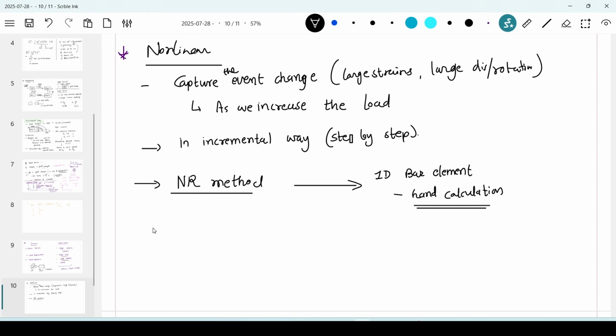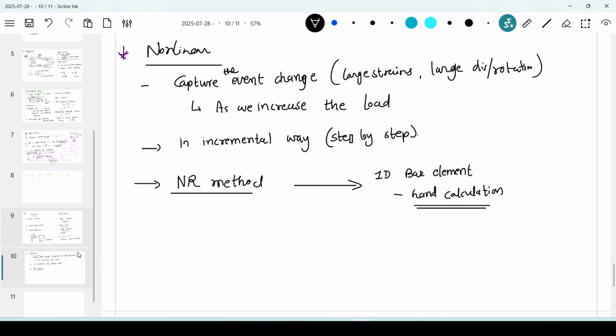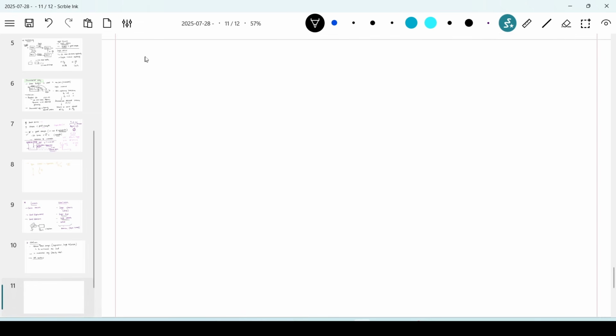So I'll take a simple example. No dimensions, nothing, just example values. Let's take this as our structure.